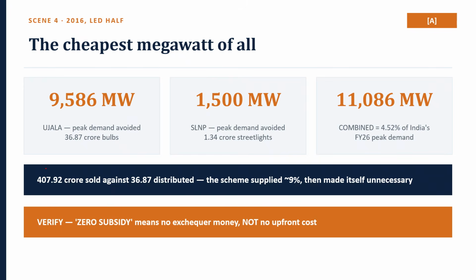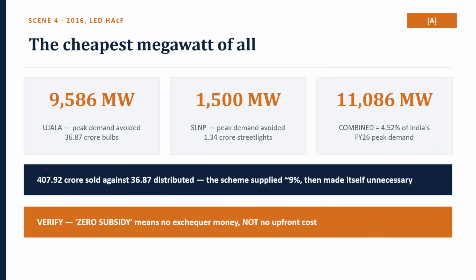The more important figure is that 407.92 crore LED bulbs were sold in the Indian market over the same period. So the scheme supplied about a tenth of the bulbs and the market supplied the rest. That is the correct measure of the intervention, because the barrier was never preference but price. By aggregating household demand and awarding supply through competitive bidding, the program brought the scheme price to 70 rupees and pulled the market down behind it without any subsidy, which is why it is described as the world's largest zero-subsidy domestic lighting program.